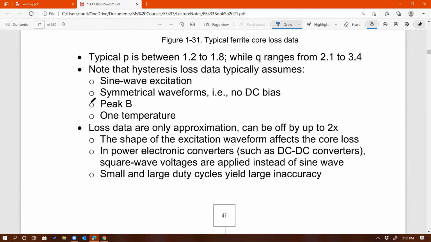So if you want to do it at different operating conditions, you will need to test the core yourself, using the circuit that you learned earlier.